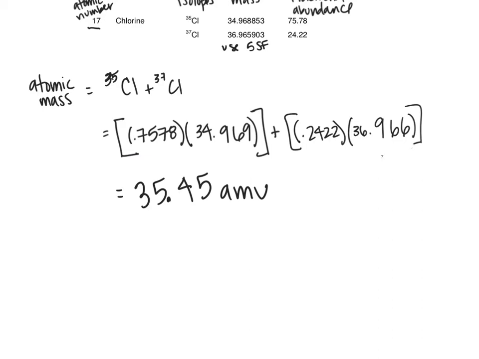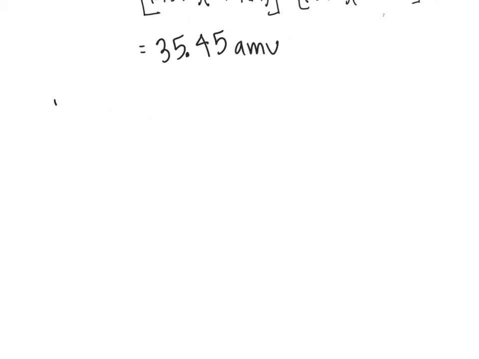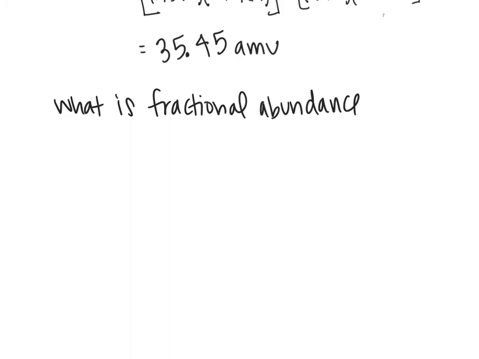This should look pretty close to what we see in the bottom of the square on the periodic table. So you might be wondering, what is fractional abundance? If we know that it's 35%, we want to make that into a fraction. So that would be 35 divided by 100, and this is also equal to 0.35.